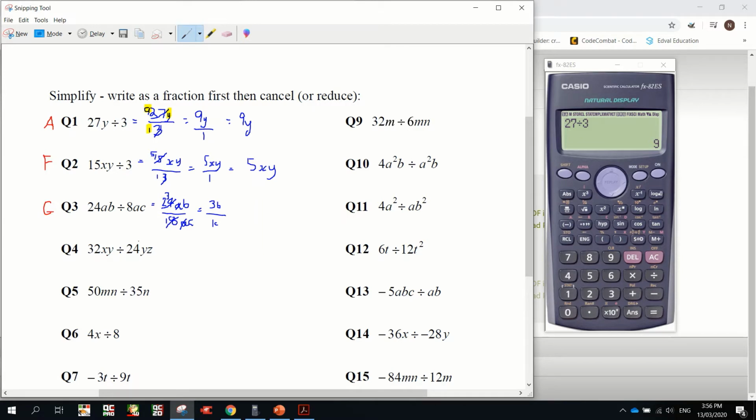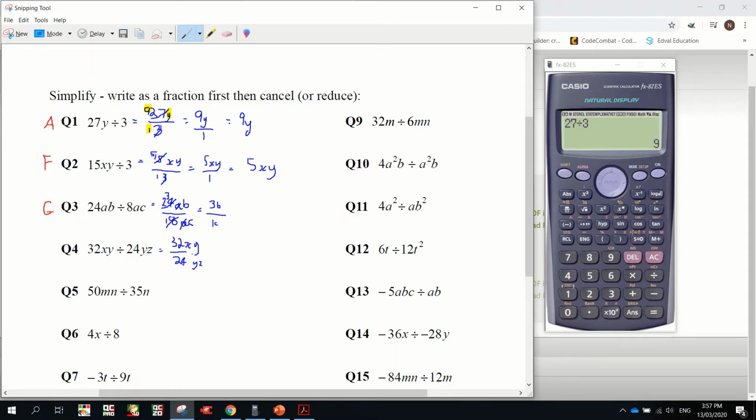Alright, question 4, let's rewrite it. Equals 32xy over 24yz.